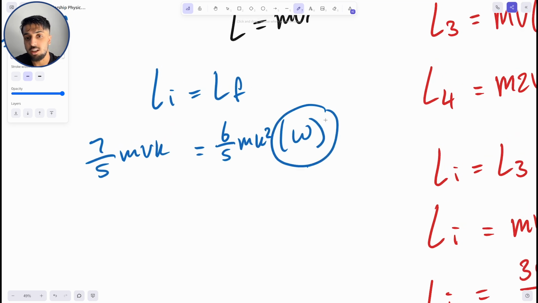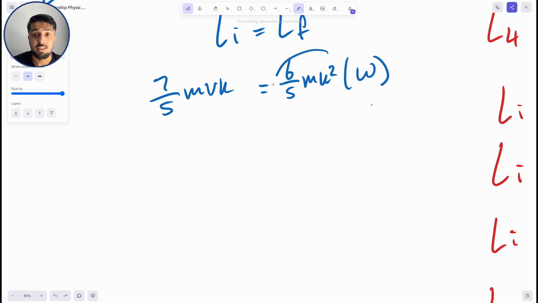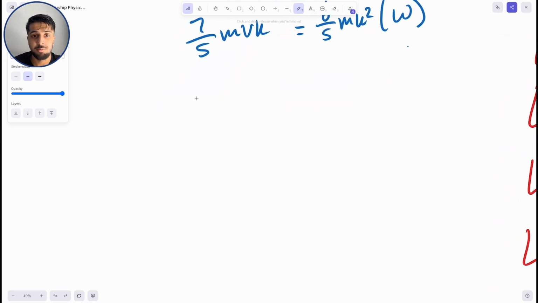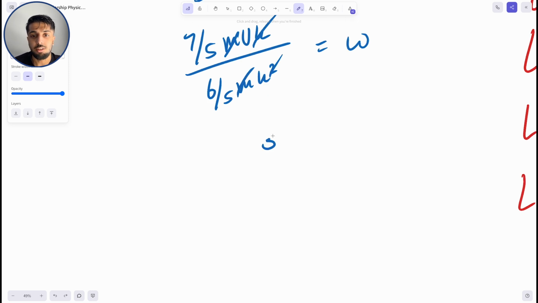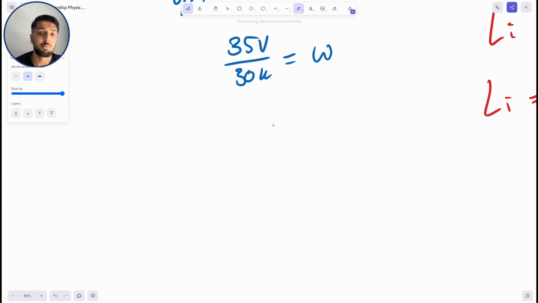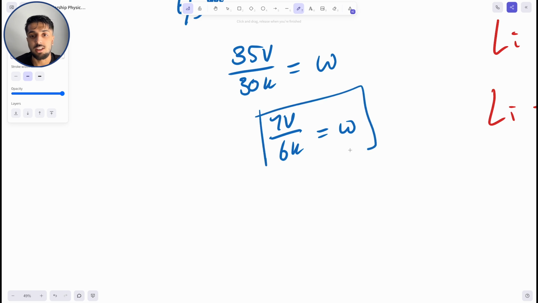Remember, this angular velocity is the value that we're trying to find, so we can divide both sides by 6 over 5 mk², cancelling out our masses and cancelling out the power for the k. We get 35v all over 30k is equal to our angular velocity. Simplifying this down by dividing both the top and bottom by 5, we get 7v all over 6k is equal to our angular velocity, and that is the final equation.